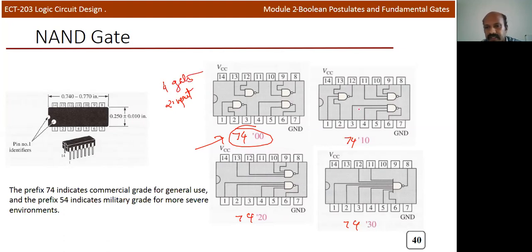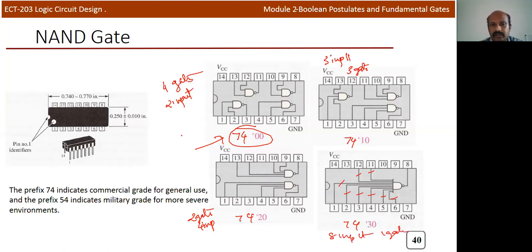And here this is a 3 input NAND gate, and it contains 3 gates. Here you can see 1, 2, 3, 4, so 4 input, and it contains 2 gates.